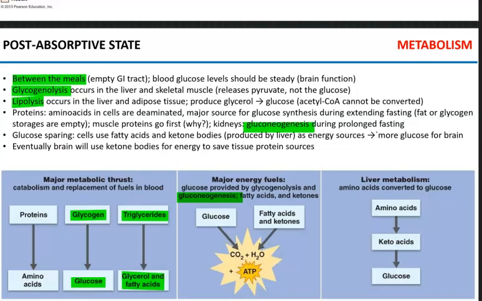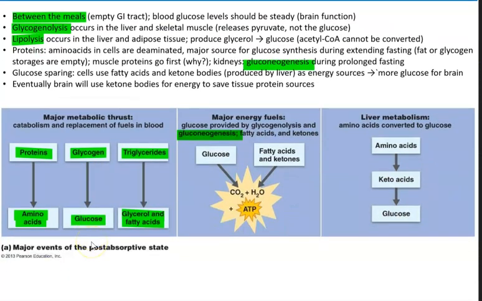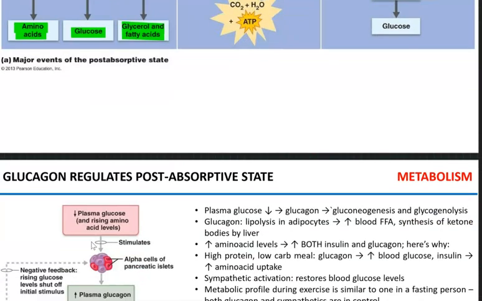And of course, your proteins are going to be broken down to amino acids. So amino acids can be used as the energy source. Okay? And what regulates your post-absorptive state?